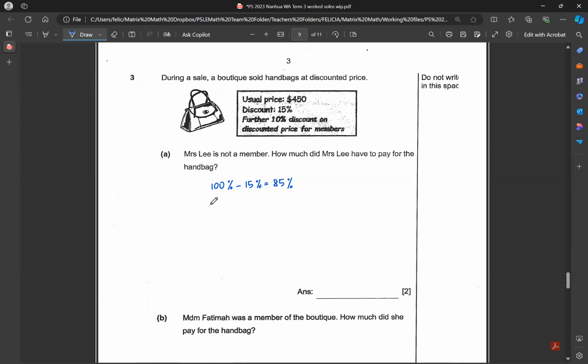The units method: 100% is $450, then you find 1%, and then work out 85% because that's the final percentage she is paying. So 450 times 85 works out to $382.50.